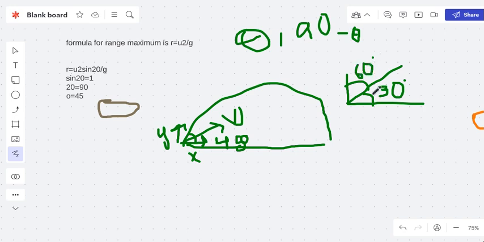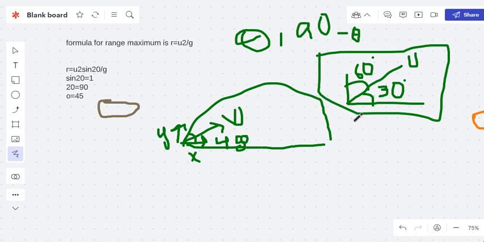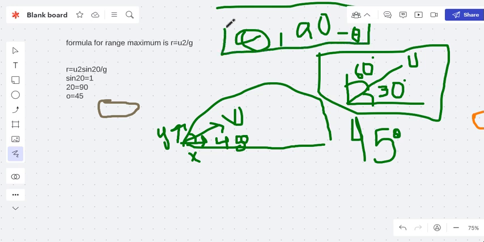I have projected the body with different angles, but their initial velocity is same. So their range is same, and the maximum range is at 45 degree. So this is obvious that for the angles theta and 90 minus theta the range is same, and 45 degree is the angle where it's maximum.